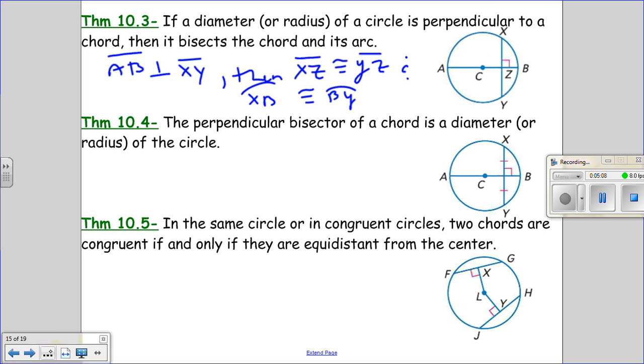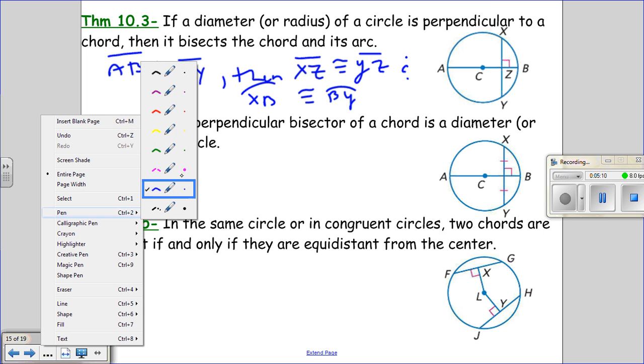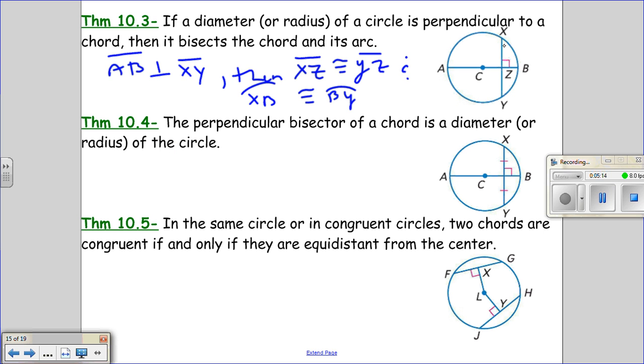So again, what I'm saying on that fact is that this diameter cuts this segment XY into two equal parts. It also cuts this arc XY into two equal parts. Theorem 10.4 says the perpendicular bisector of a chord is a diameter of the circle.